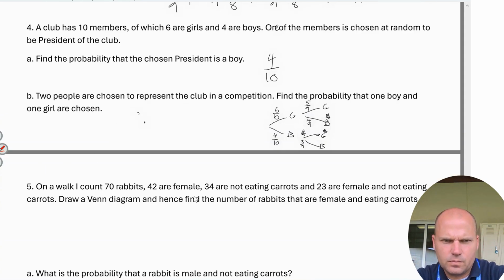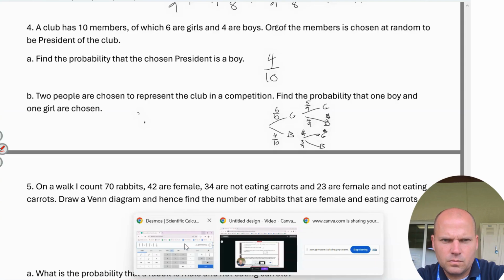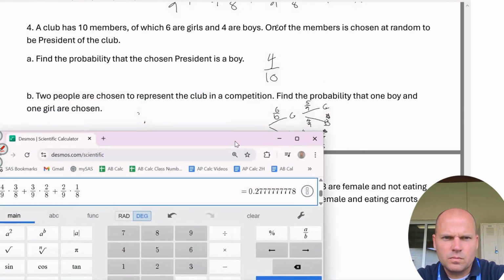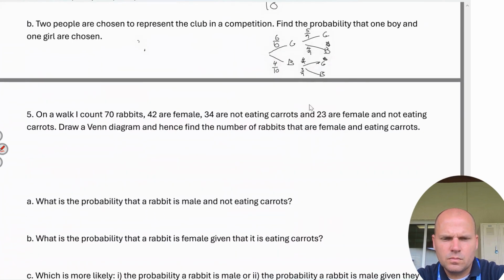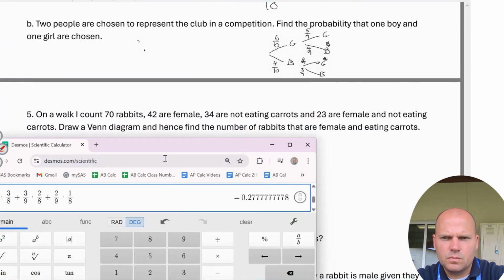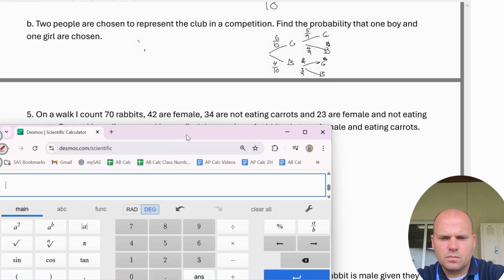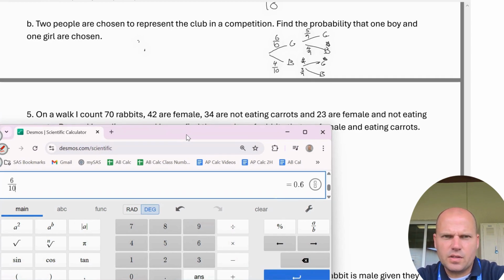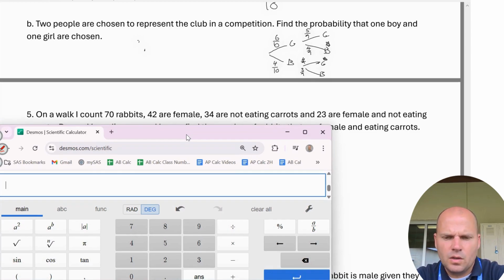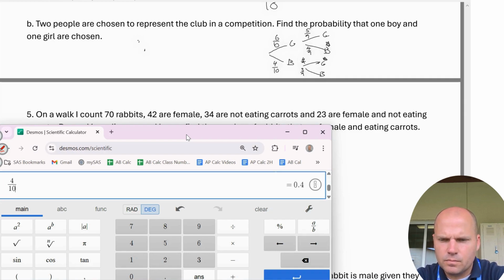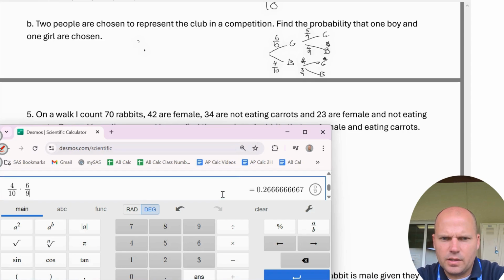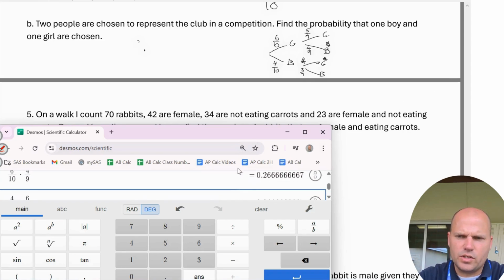So six tenths times 4/9, 4/10 times 6/9 is going to be the same. And I get 26% twice.